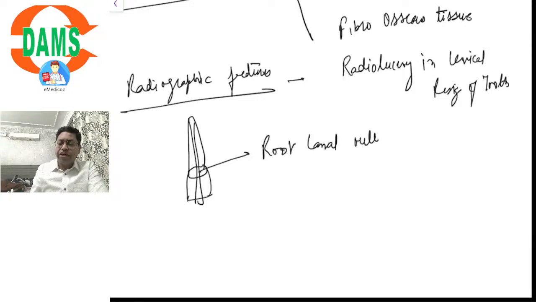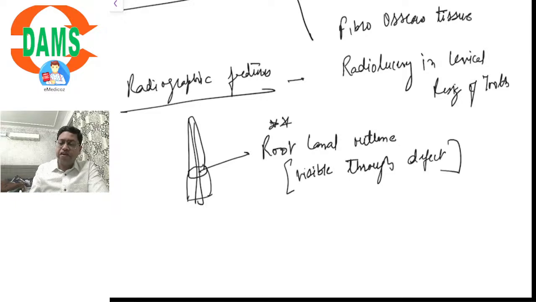Root canal outline visible through the defect is a diagnostic feature. It is important to remember that this is one of the most important features of radiographically diagnosing that it is an external cervical resorption. The outline of the root canal would be visible through the defect.